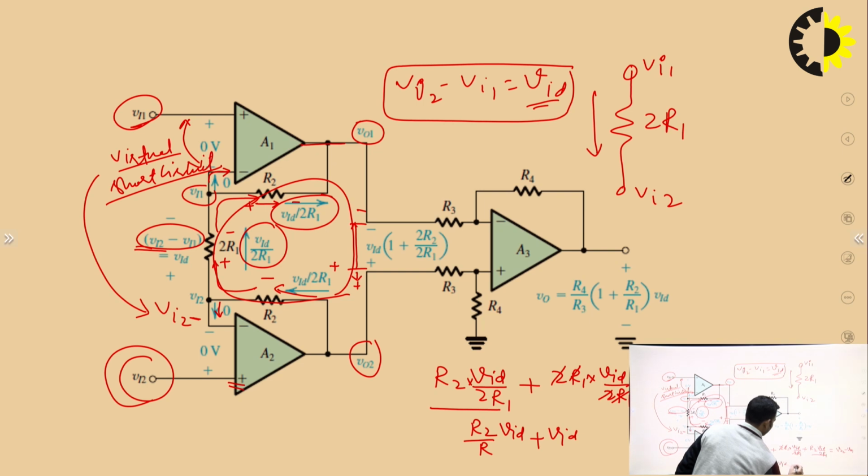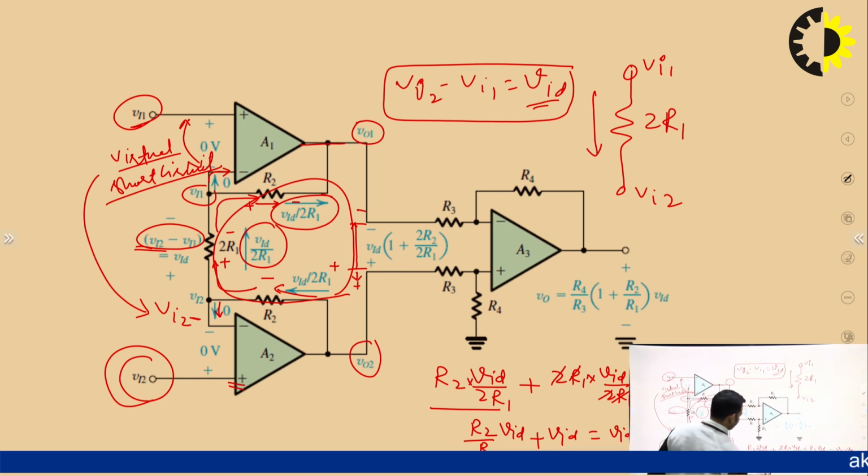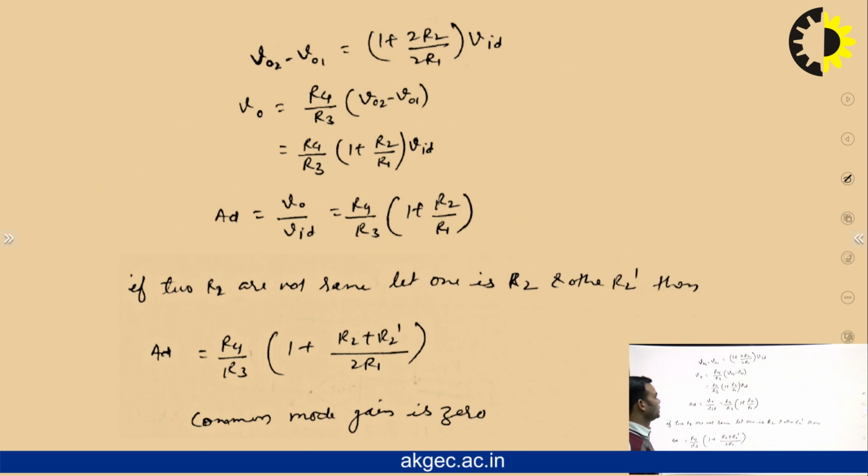If you take Vid as common, you will get 1 plus R2 upon R1, or 1 plus 2R2 upon 2R1. In this way, VO2 minus VO1 is equal to 1 plus 2R2 upon 2R1 multiplied by Vid.